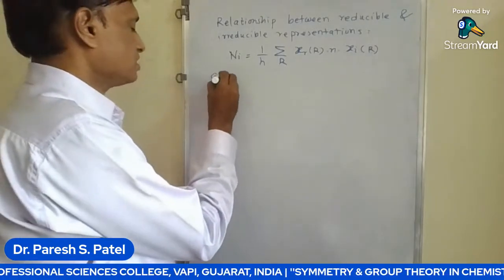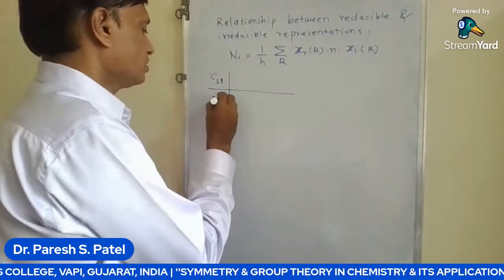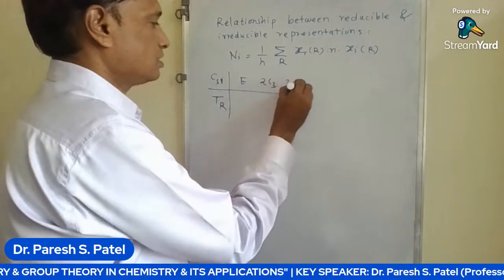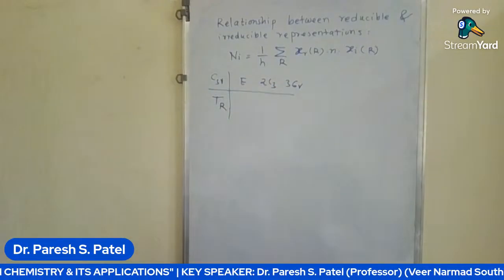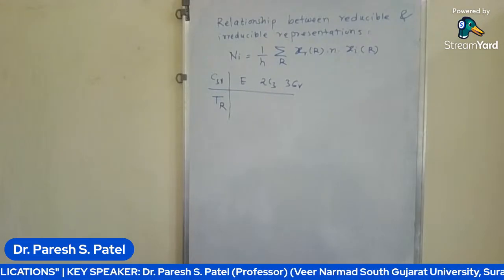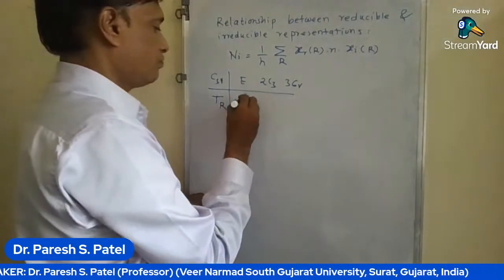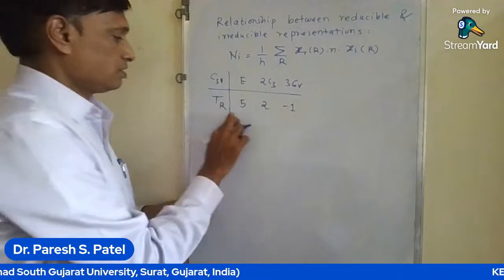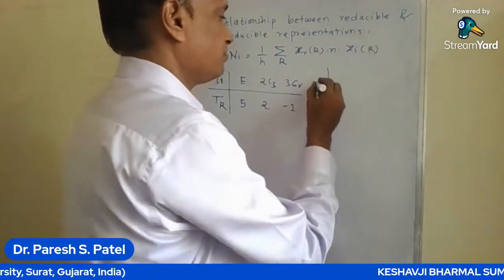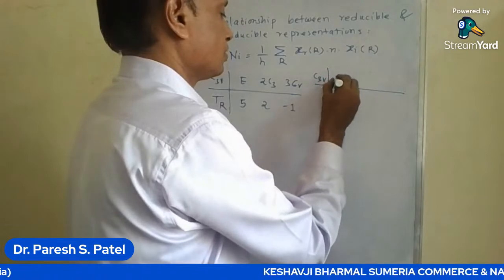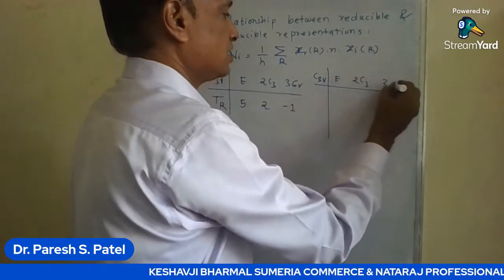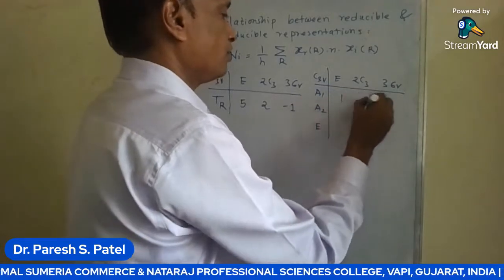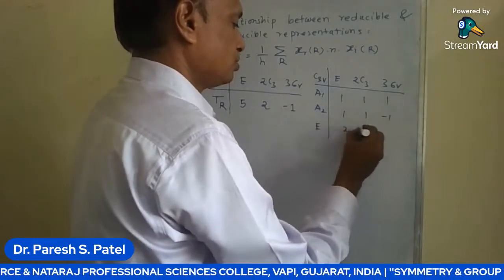Suppose one representation for the C3v group: E, 2C3, 3σv, is 5, 2, minus 1. This is the reducible representation. With the help of the character table for the C3v point group: E, 2C3, 3σv; A1: 1, 1, 1; A2: 1, 1, minus 1; E: 2, minus 1, 0.